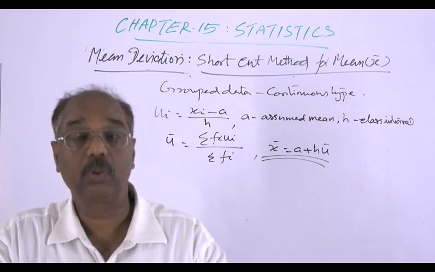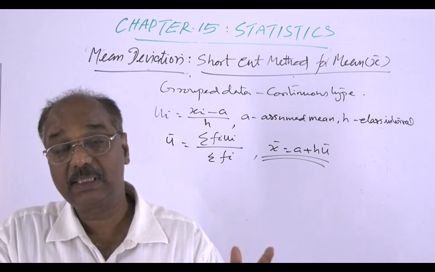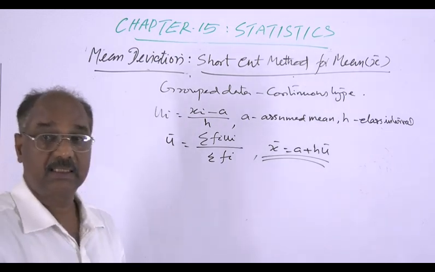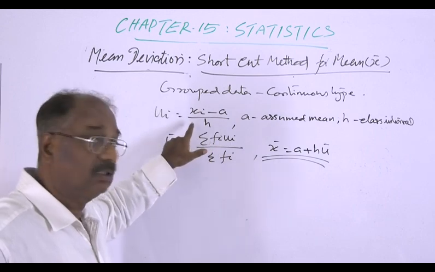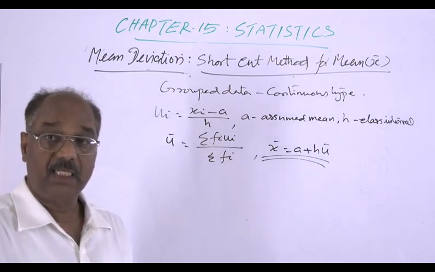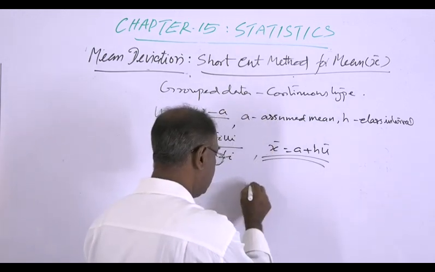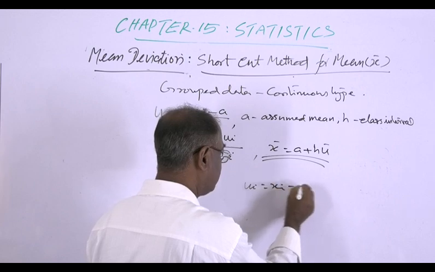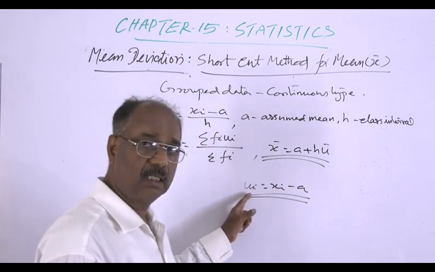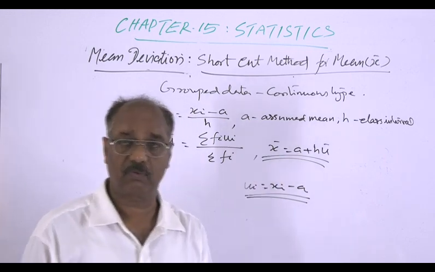And now remember, the other method, the assumed mean method, is a special case of this step deviation method. In the assumed mean method, the transformation is ui equal to xi minus a only. Then we find u bar and find x bar using the same formula.